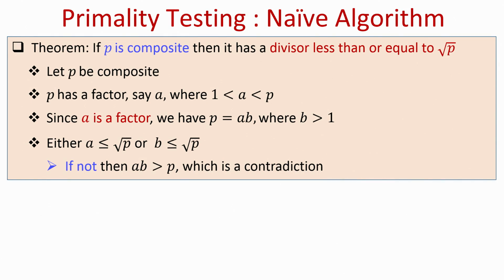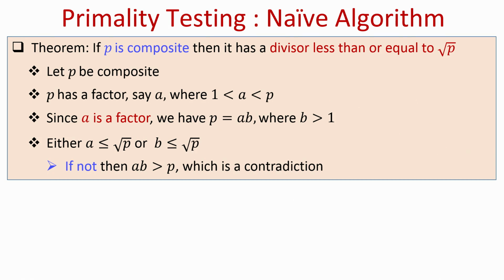There is a naive algorithm for doing that, and it is based on the fact that if a number p is composite, then it has at least one divisor which is less than or equal to root p. The proof of this is very simple.